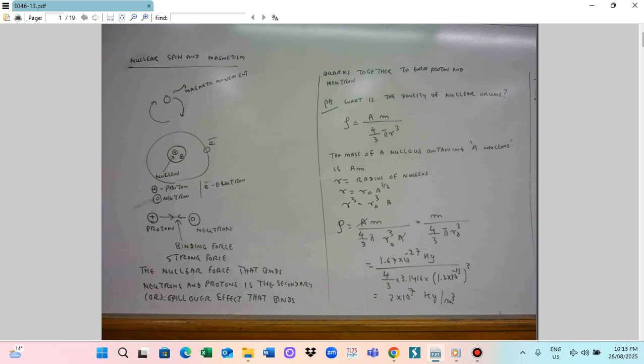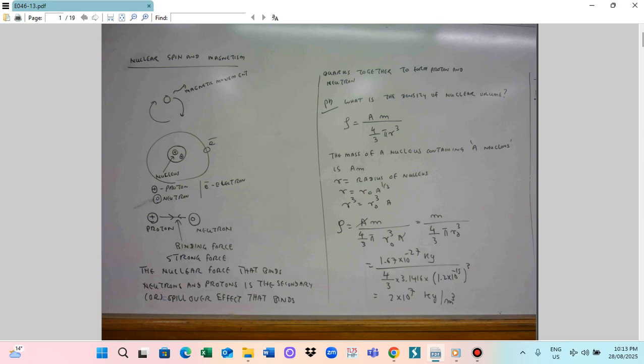R can be calculated. The formula is R equals R0 times A to the power 1/3. That's the equation, so we can substitute. R cubed is equal to R0 cubed times A. So we substitute, and rho is equal to A m divided by 4/3 π R0 cubed times A. So this A will be cancelled.